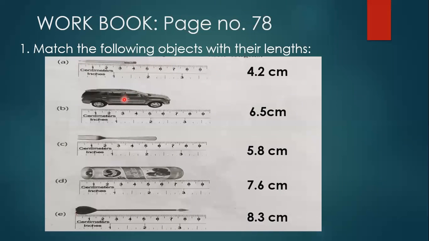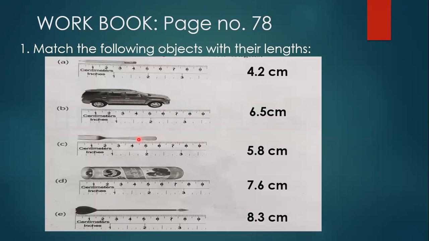And the second figure is a car, and here the back side is coinciding with the 0 marking, and the other end shows the fifth small line after 6. Fifth small line, that is 0.5, and that small line is coming after 6. So the length of this car is 6.5 centimeter.